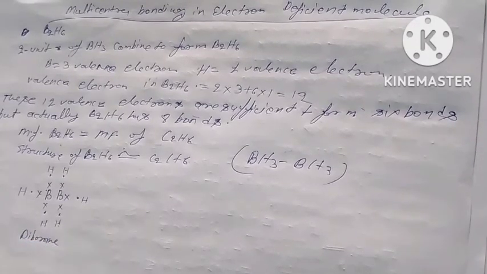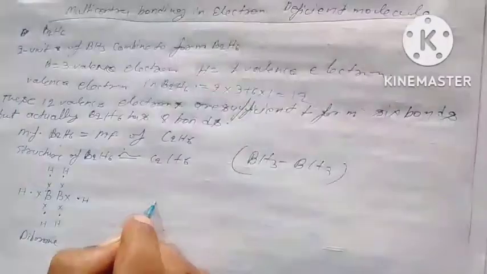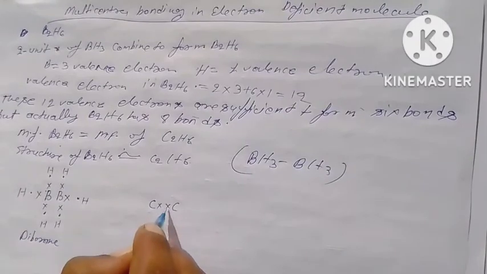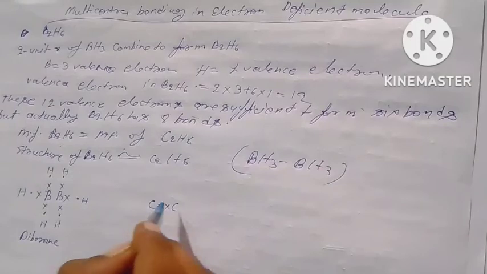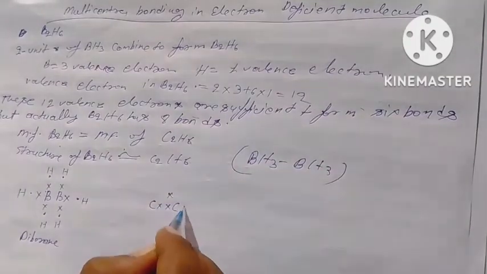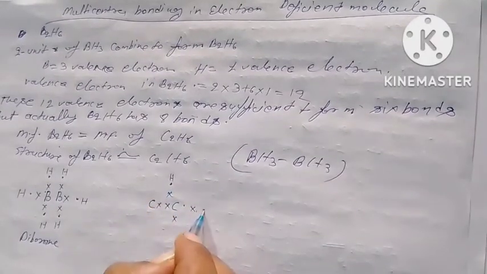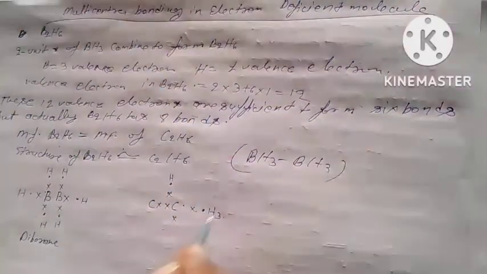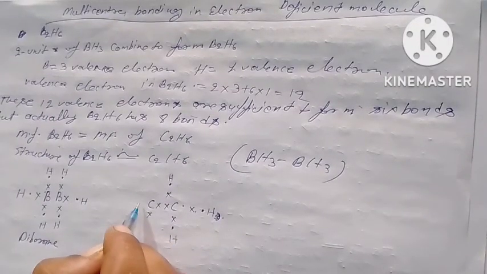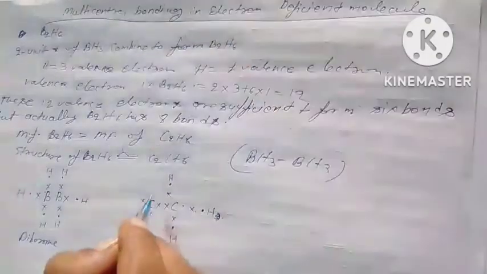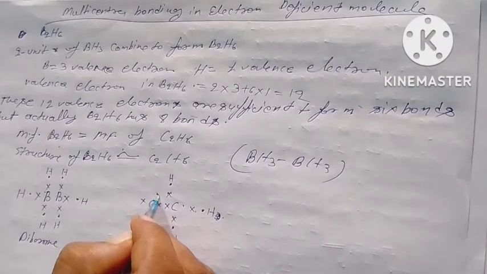And ethane has carbon, 1, 2, 3, 4. 1 hydrogen, 2 hydrogen, and this is 3 hydrogen. 1, 2, 3, and that is 4.